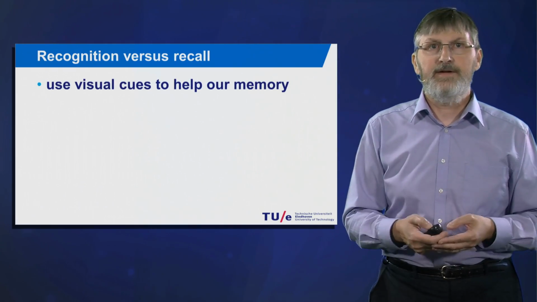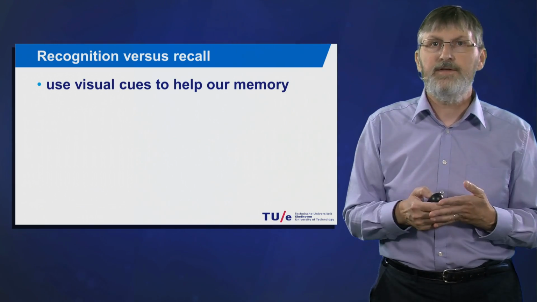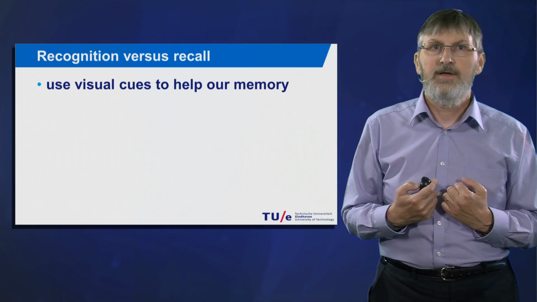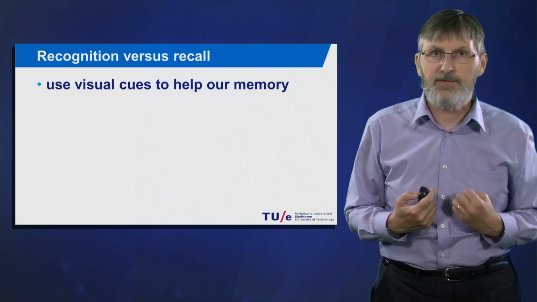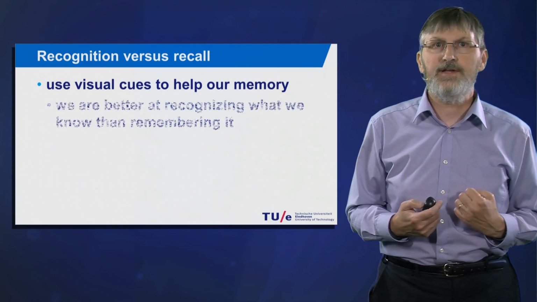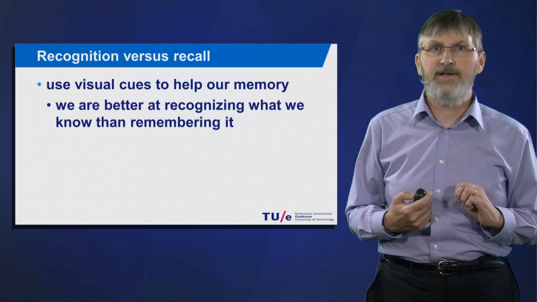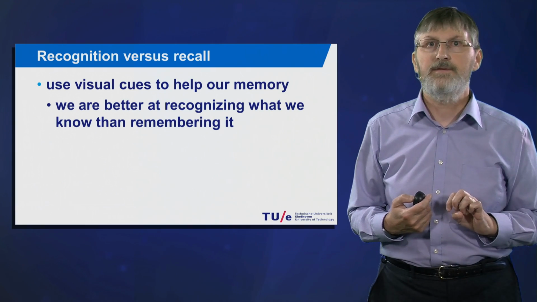We are better at recalling something when we see it than just recalling it from memory. So to recall what we see, which is what we call recognition, visual cues can help. We are always better at recognizing than we are at remembering details.